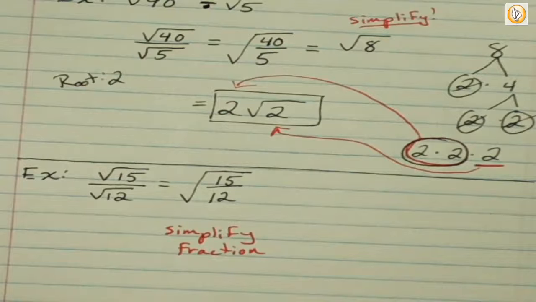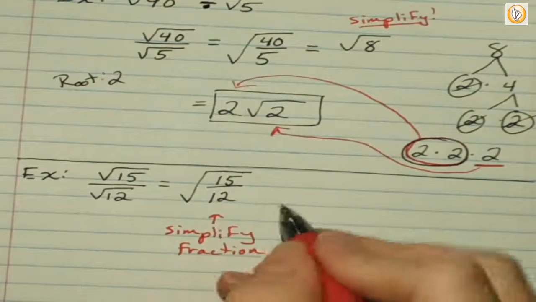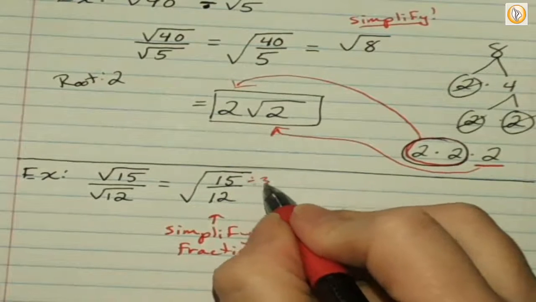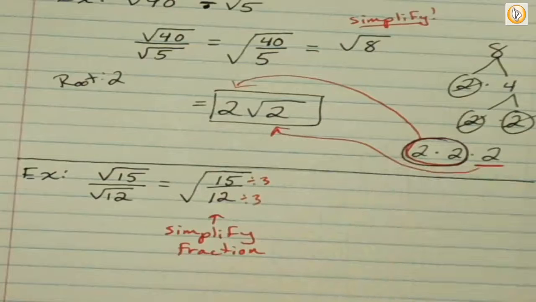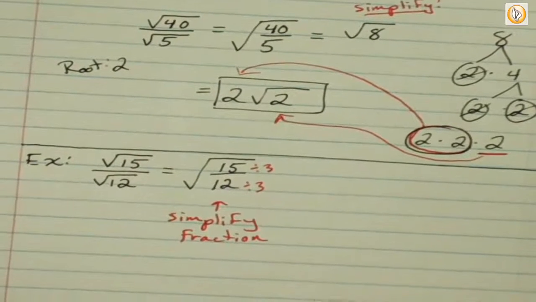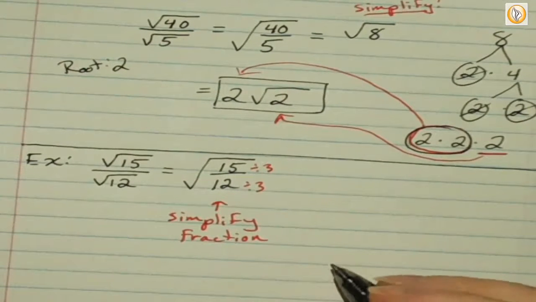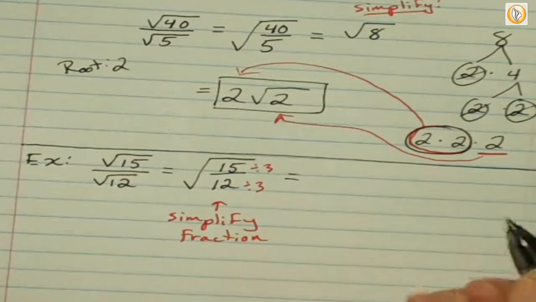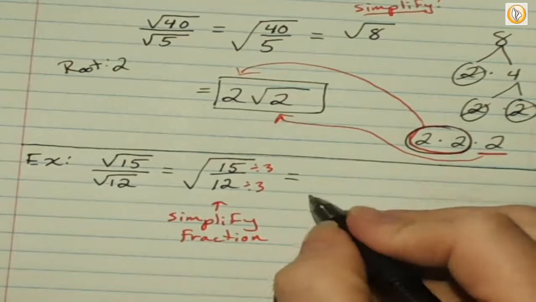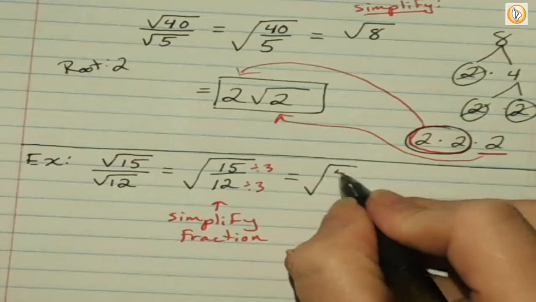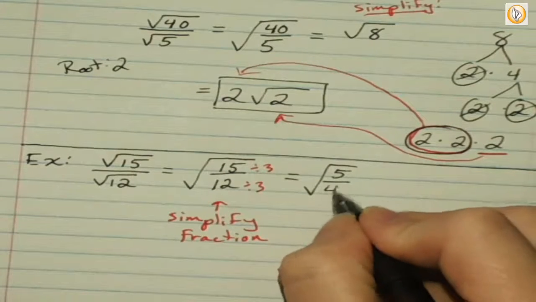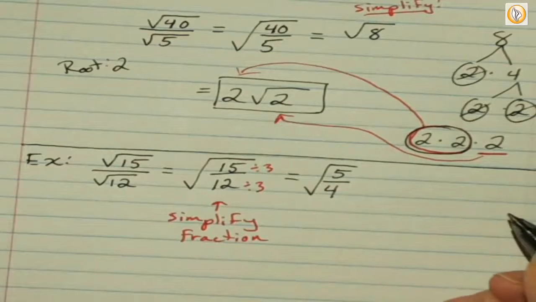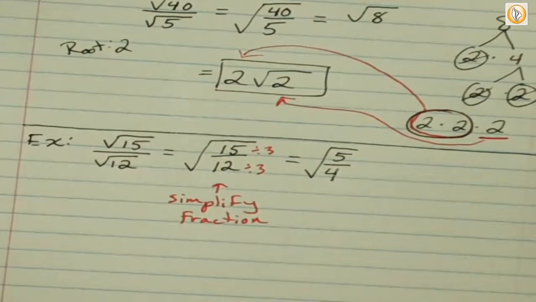Hi, Stephanie. Right there. Thank you. You're welcome. So she's right. We're going to divide by 3 because we're simplifying the fraction, and we get 5 over 4. Now we're not done yet.